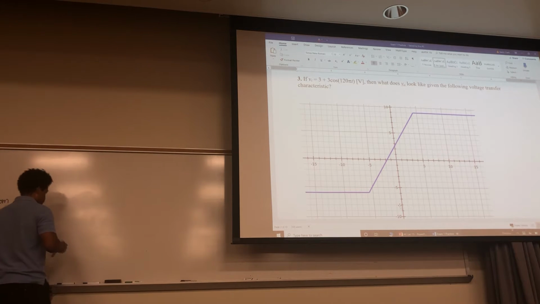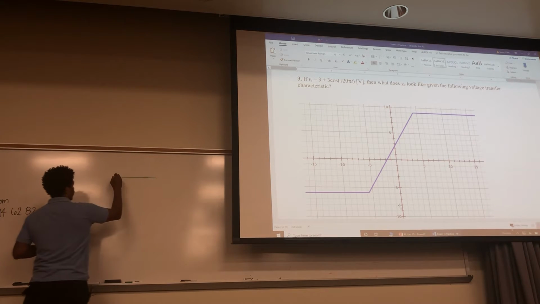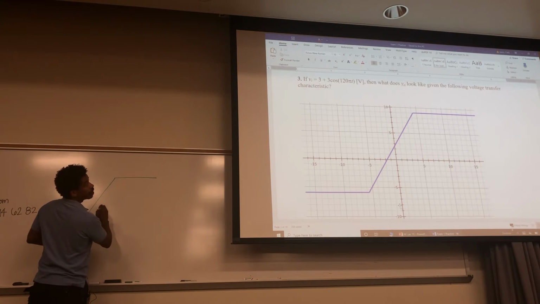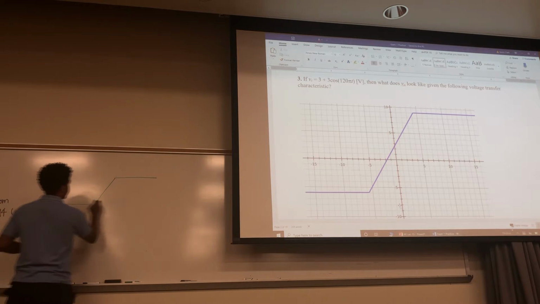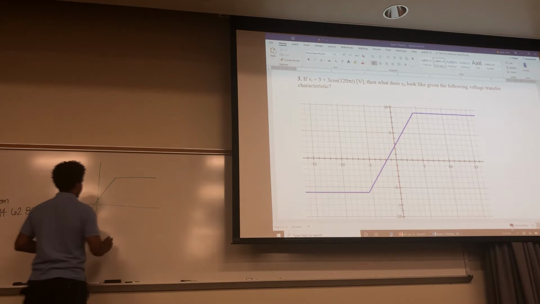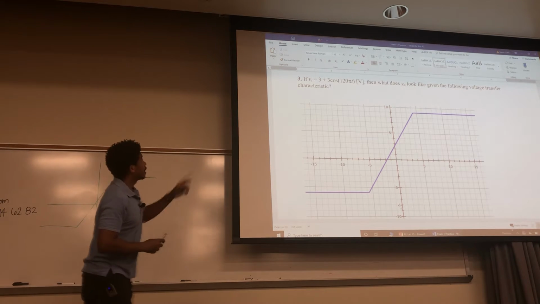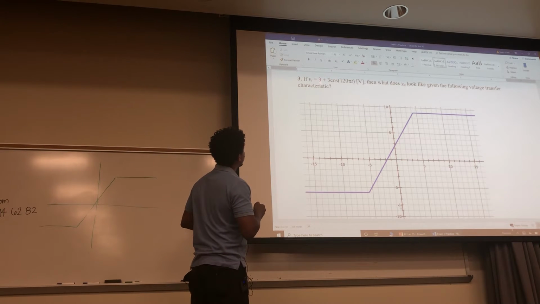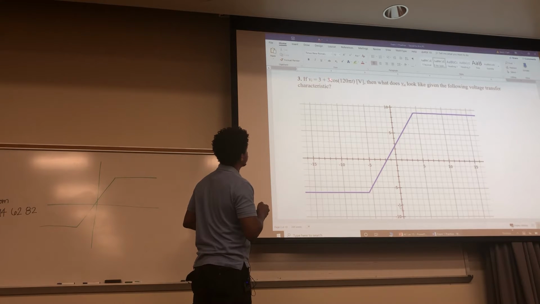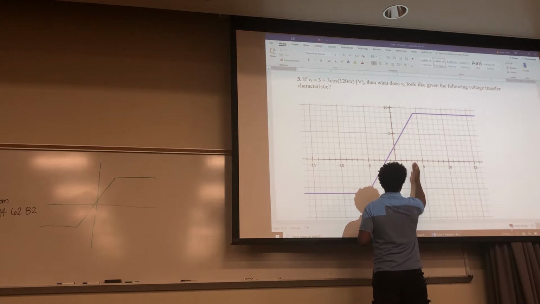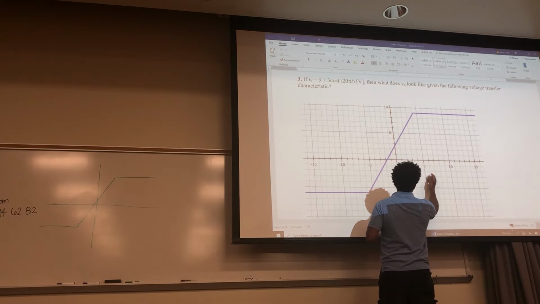So one way to do that is to have it like this. Right? And so this voltage right here is at 3, and then you're going to go plus and minus 3. So here's 0, 1, 2, 3, right? It's going to go up 3 right here, and that is being cut off right here.